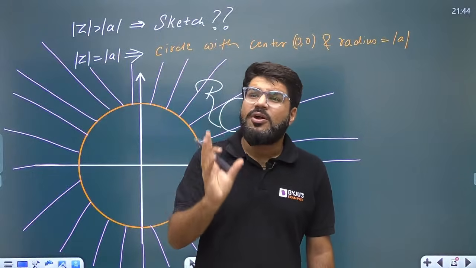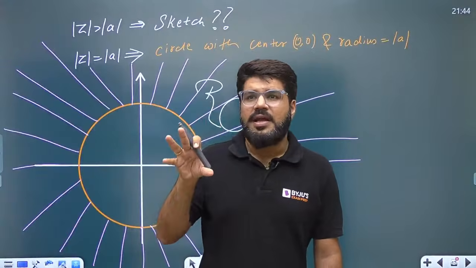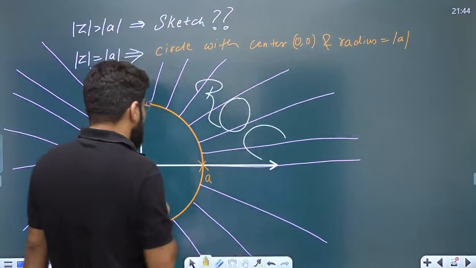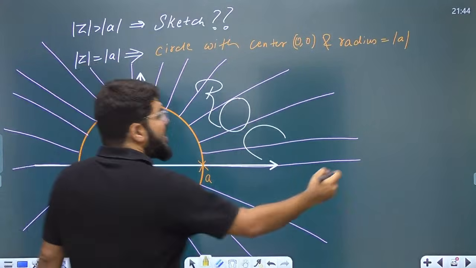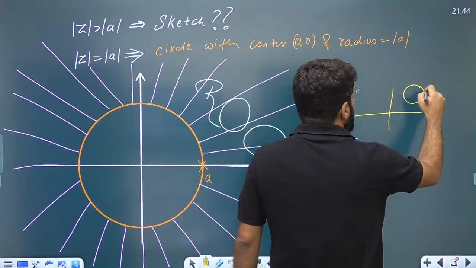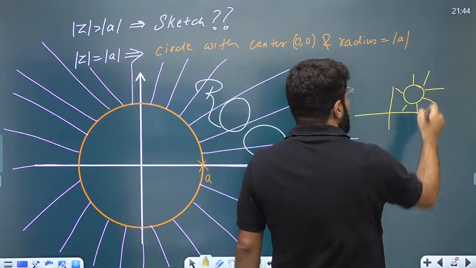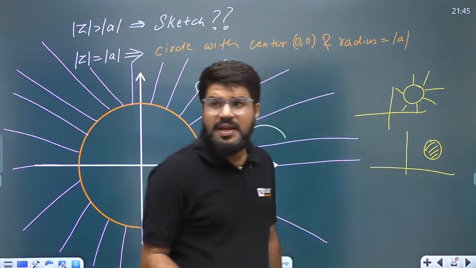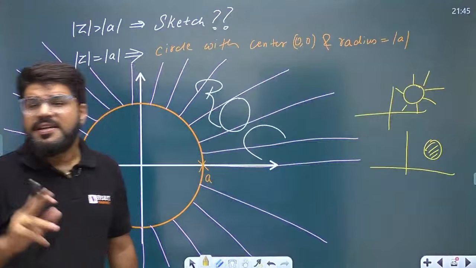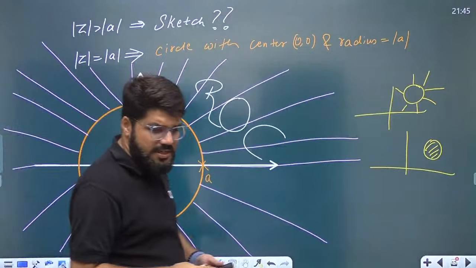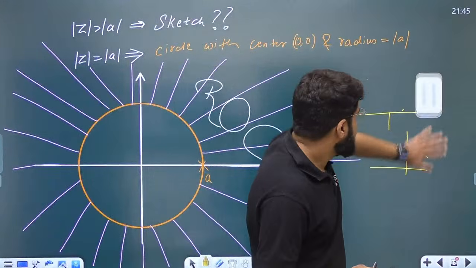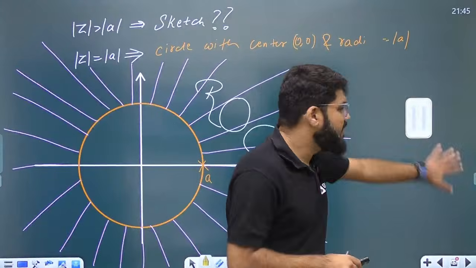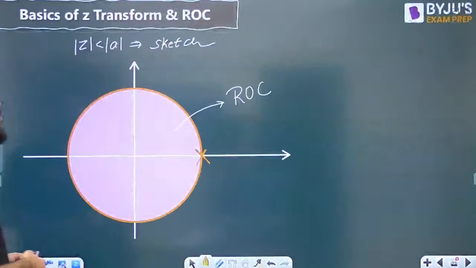But ROC is always a circular region, and that too centered at the origin. You will never get any other ROC, neither in the exterior form nor in the interior form. That is 100% guaranteed. Number one important point about ROC.